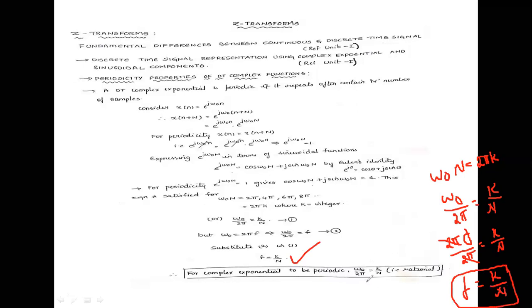The omega naught by 2 pi is equal to k by n, that is a rational number, so the signal is periodic. To find the fundamental period, n is equal to k by f, where you assume the smallest multiplier k to get the fundamental period as an integer.